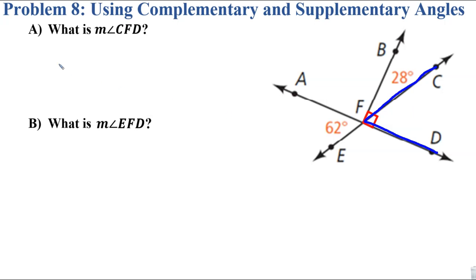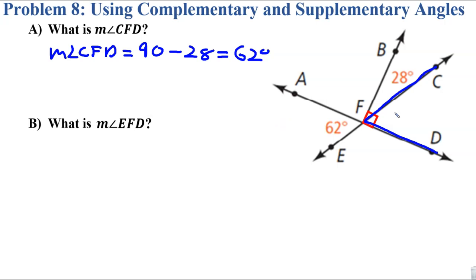So to find CFD, I'll just take 90 and subtract the 28 from BFC, which will give me 62 degrees for the measure of angle CFD. So there's an example using complementary angles within a geometry problem.